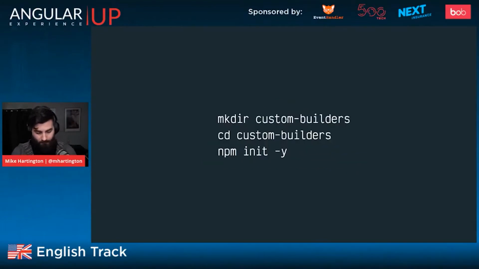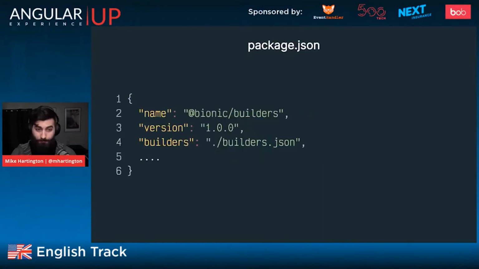So to start off, we're just going to approach this like we would any node project. We'll create a directory, we'll cd into it, and then we'll init whether we're using npm or yarn. And then we're going to take our package.json and add this entry to it called builders. Now, builders is going to point to another JSON file.